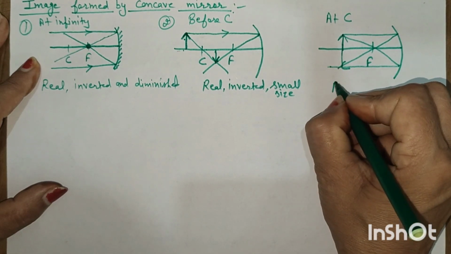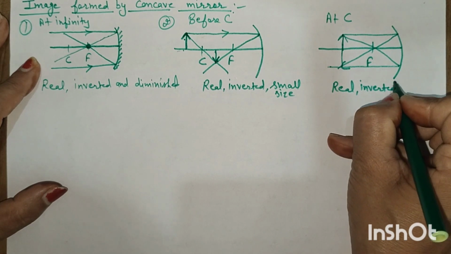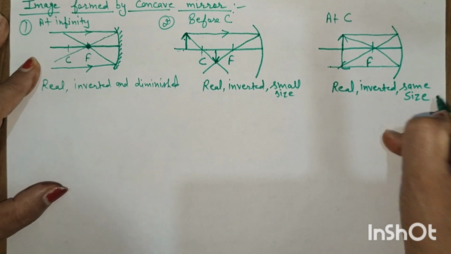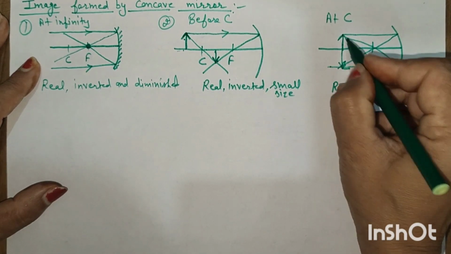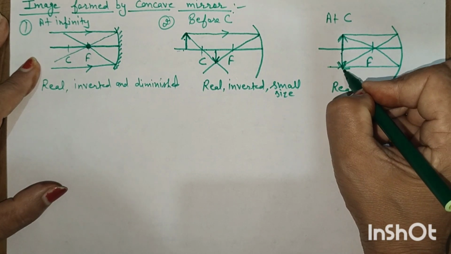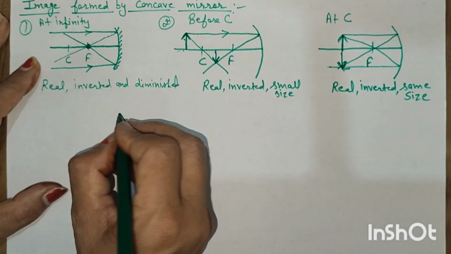The image formed is real, inverted and same size. You can see this is the object and this is the image, real, inverted and the same size as the object.